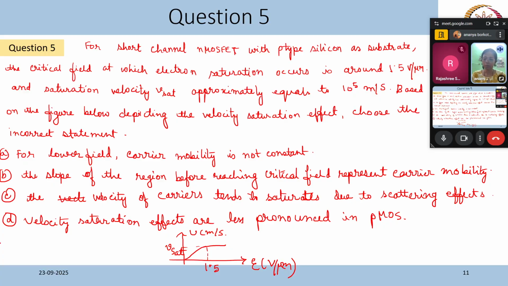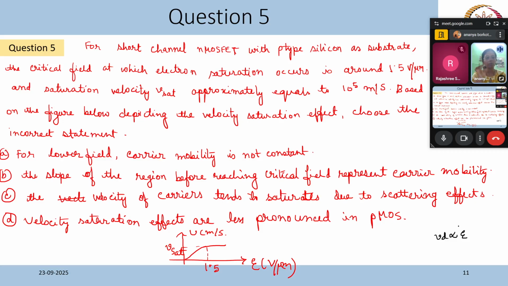Now what I want to discuss here is that this is the typical behavior of how electrons behave under electric field inside the semiconductor. So we know that our drift velocity is proportional to electric field. This is again for small electric field. We are applying some electric field. Electrons will move because of that electric field towards the positive terminal, right?